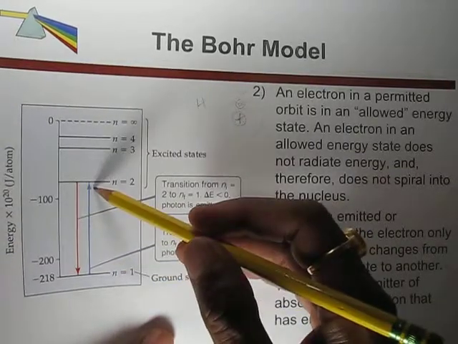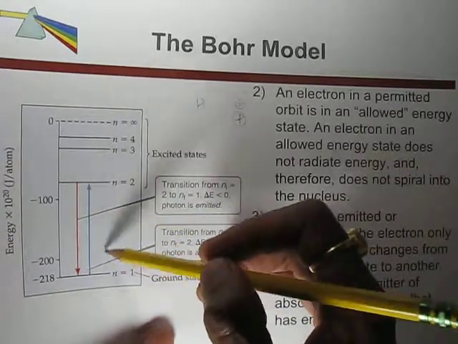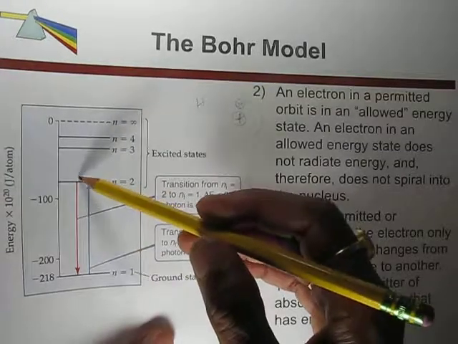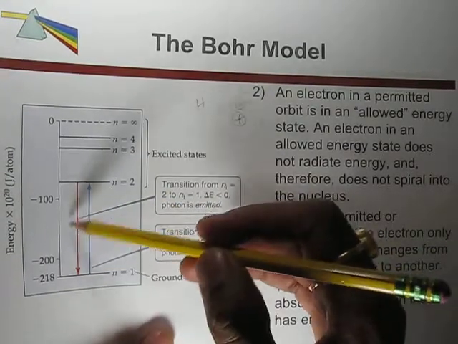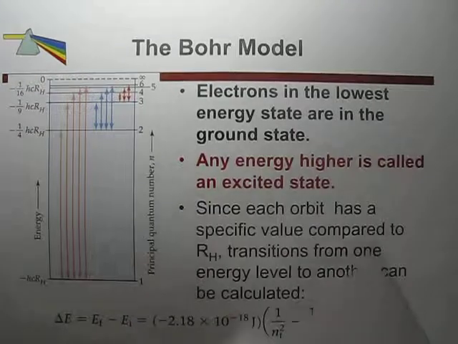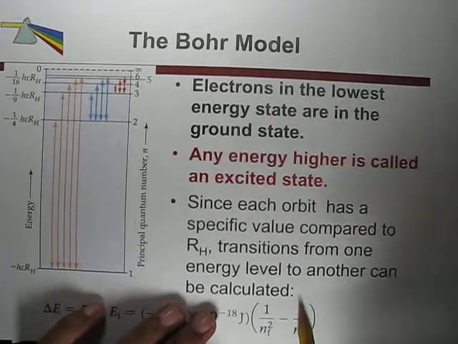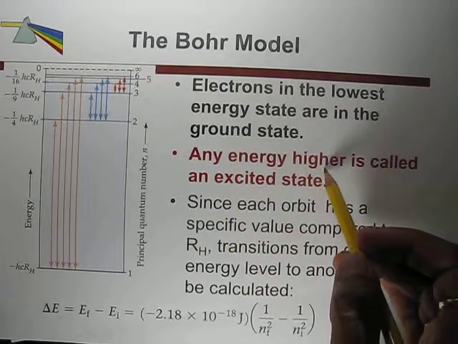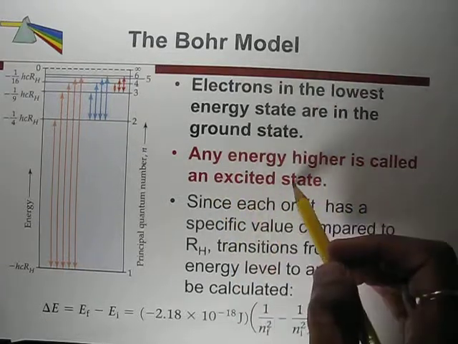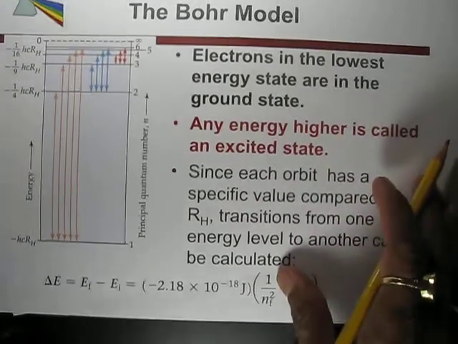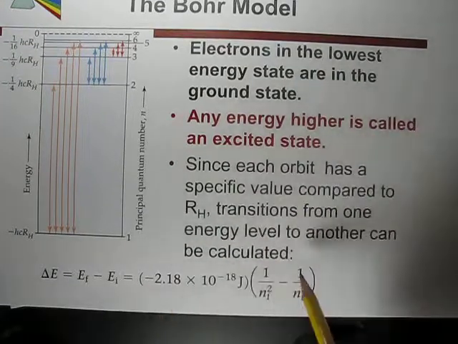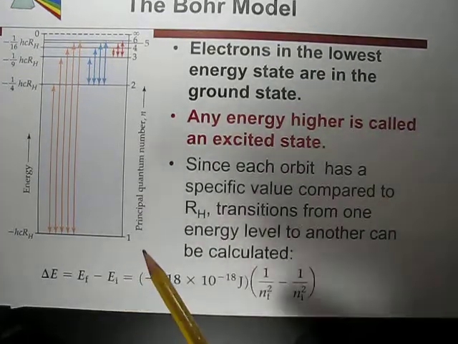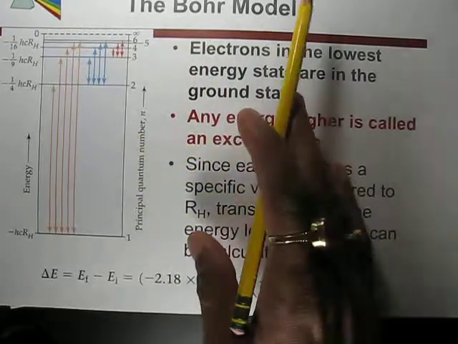It needs to absorb some energy to go into the excited state, and when it comes back to the ground state, it will lose energy. Using this equation we can find the difference in energy levels.